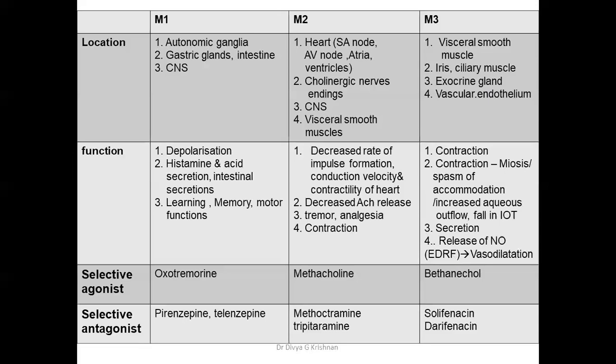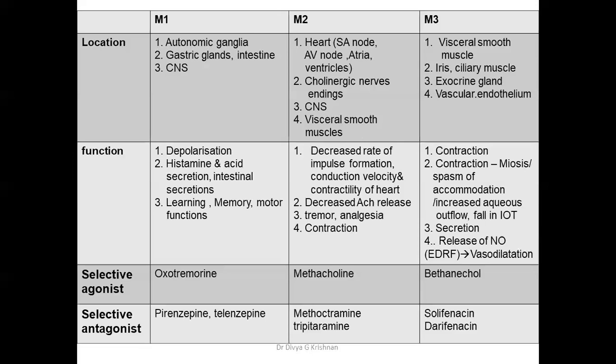So the endothelium-derived relaxing factor, or nitric oxide, causes the relaxation of the blood vessels and leads to vasodilatation. You have to see one thing here: visceral smooth muscle is present in the smooth muscles of the blood vessels also.